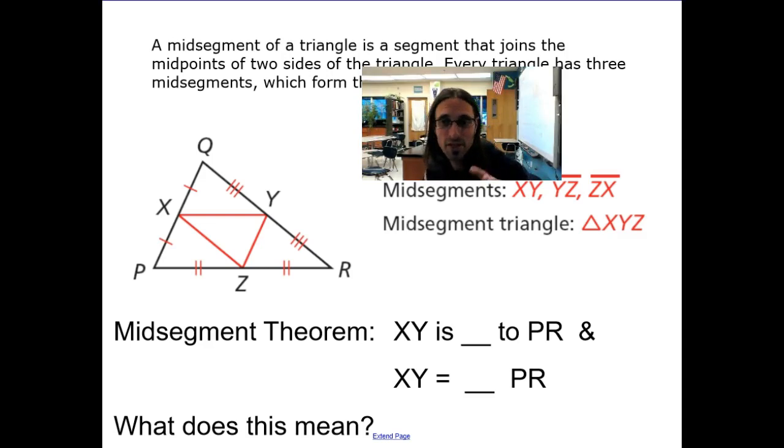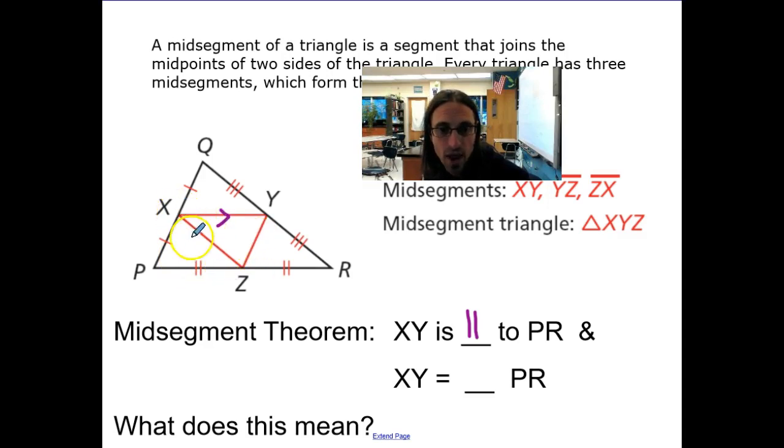The midsegment theorem states that, I'm going to pull out a pen. I'm going to try to draw this using my left hand. XY is what to PR? Well, it's parallel. So when you're putting this in your notes, XY is parallel to PR, which means the midsegment is parallel to whatever base.